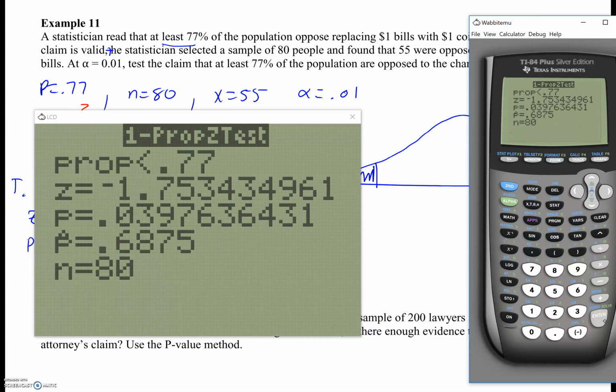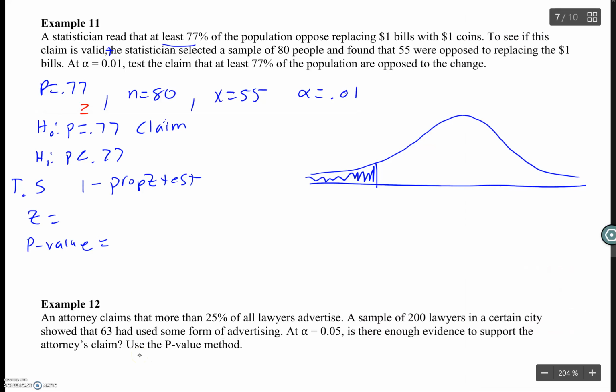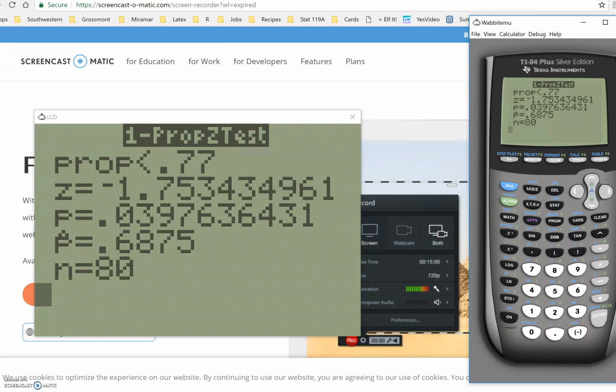So I get my test statistic to be negative 1.75, and our p-value is 0.0397, 398.